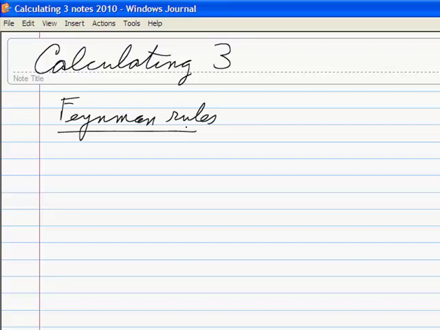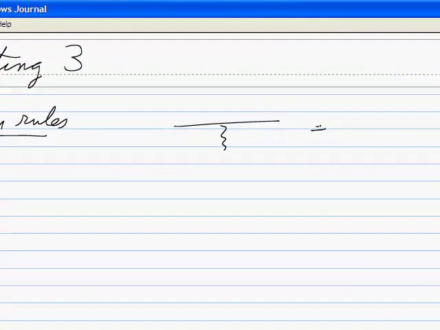The rules always have this line, wherever you see that, given as minus i e gamma mu. And we're supposed to stick external stuff on it in a particular way, depending on what process we're after.